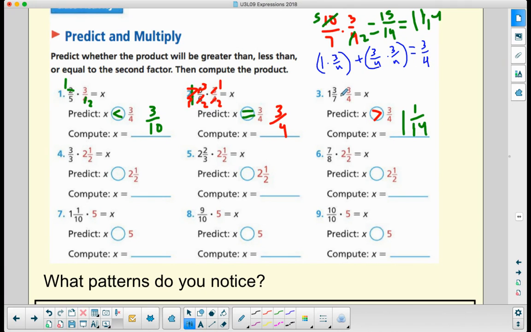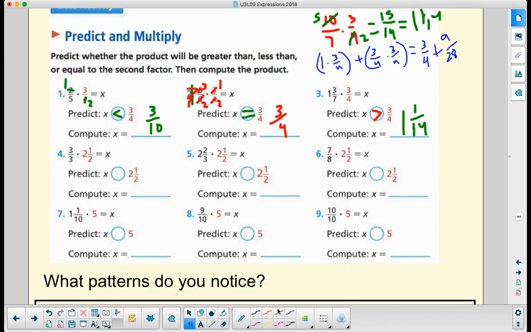But 3/7 of a group of 3/4. No factoring. 3 and 7 only have 1 as a common factor. 4 and 3 only have 1 as a common factor. So 3 multiplied by 3 is 9. 4 multiplied by 7 is 28.